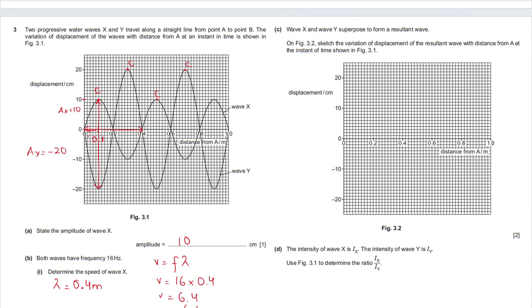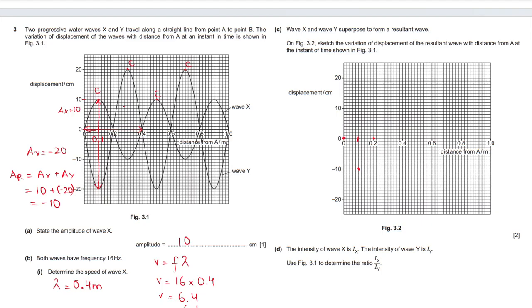So 0.1 पे, what will be the amplitude of the resultant wave? We have to add the amplitudes. So it's going to be 10 plus minus 20 and I get negative 10. Right? So 0.1 पे इसका amplitude कितना होगा? Negative 10. Okay? 0.2 पे दोनों का amplitude 0 ही है. So it stays at 0.